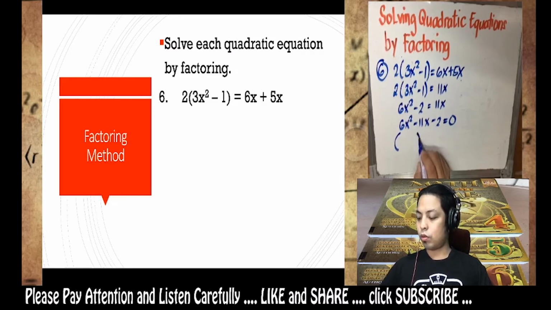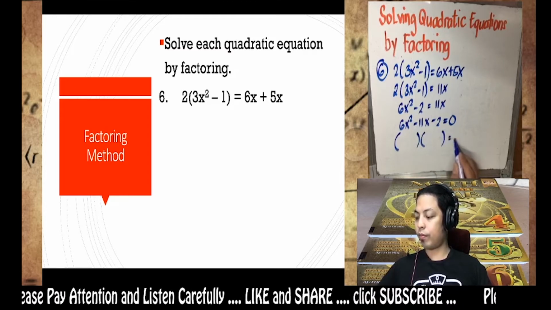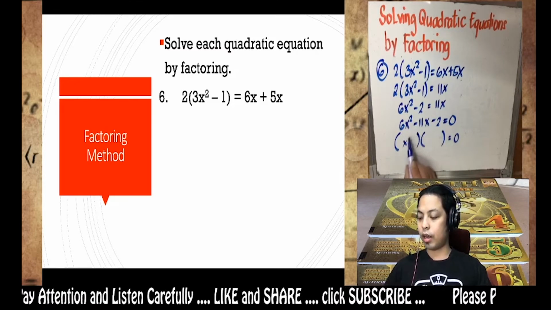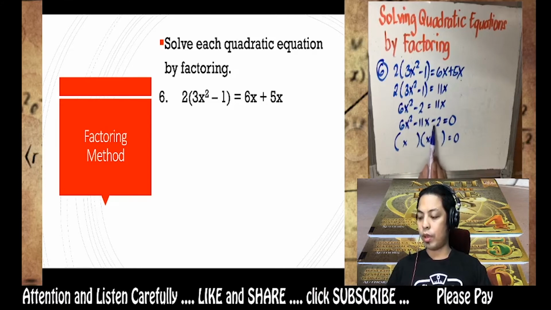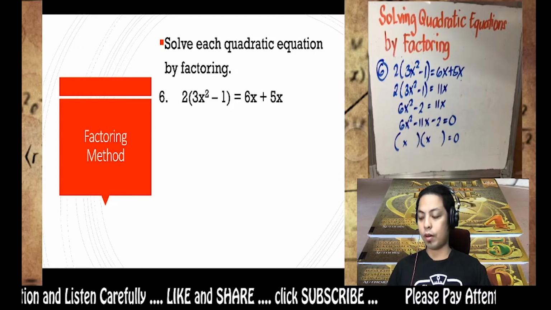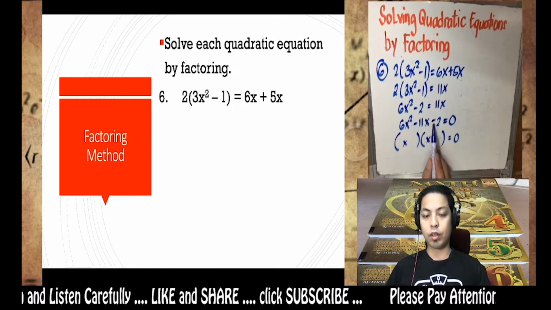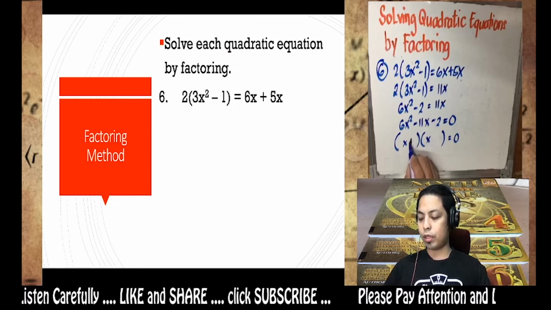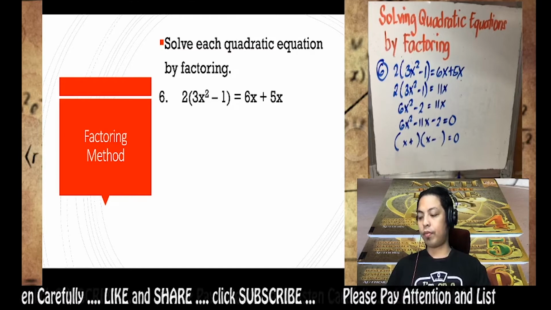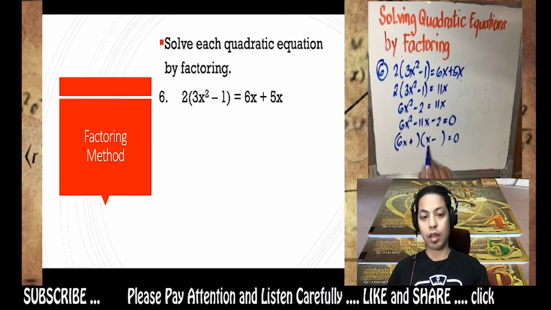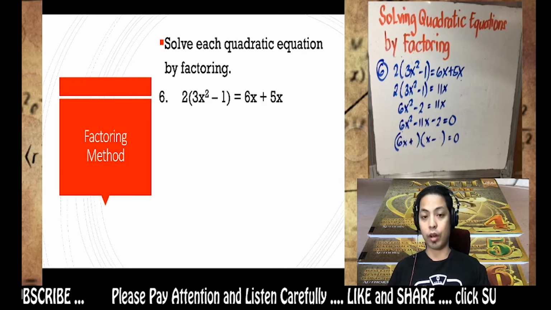So, by factoring, we have x and then another x, and we have a negative here and a negative here. The chance of a negative here is positive, negative. So we have a positive and we have a negative. Let's try 6x times x is 6x squared.